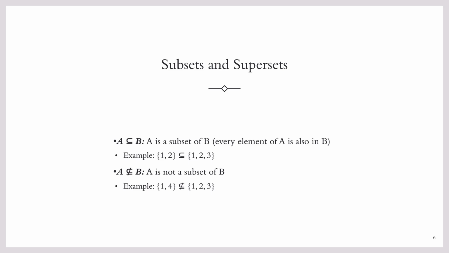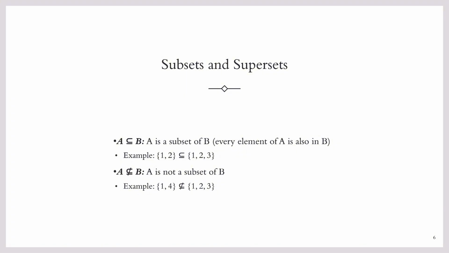For example, if we have two sets, A and B, and all the elements in set A are available in set B, then every element of A is also in set B. So we can say that A is a subset of B. For example, if our set A contains 1 and 2 and our set B contains 1, 2 and 3, then we can say that A is a subset of B.